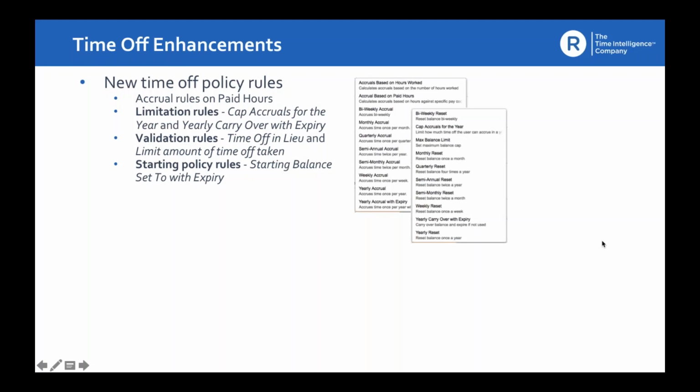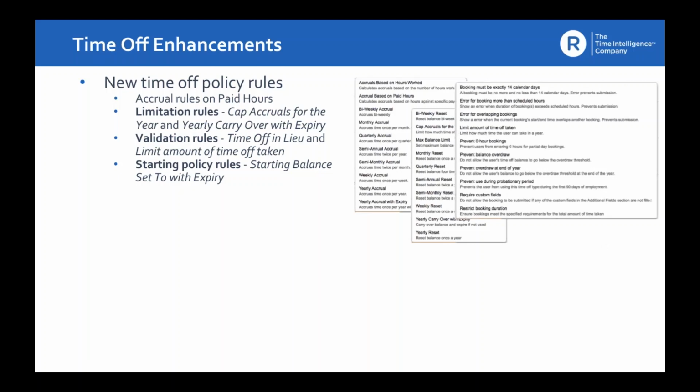In the limitation rules, we now allow you to cap accruals for the year and have a yearly carryover with an expiry date. In validation rules, we have added an option to track time in lieu and limit amount of time off that has been taken. And for starting policy rules, in addition to starting balance set to and starting balance carryover, we now allow you to have starting balance set to with expiry.